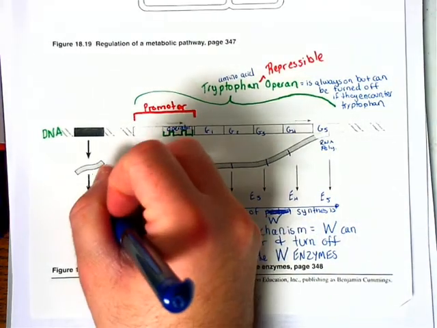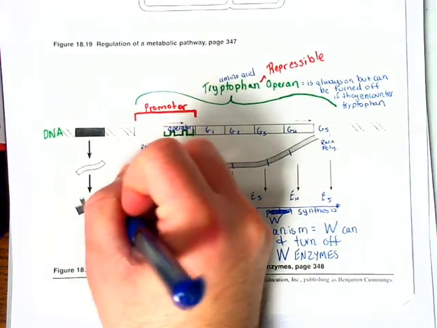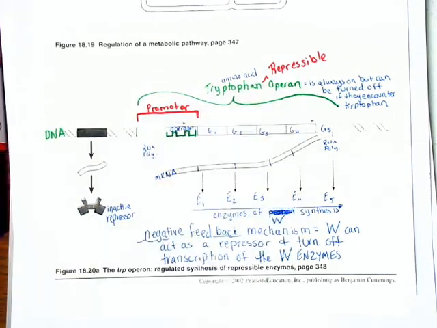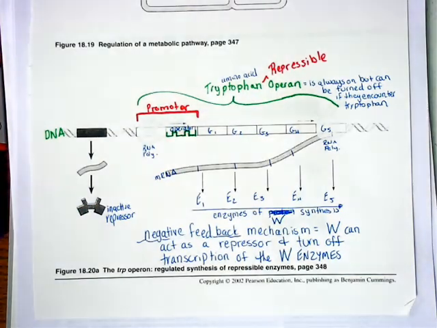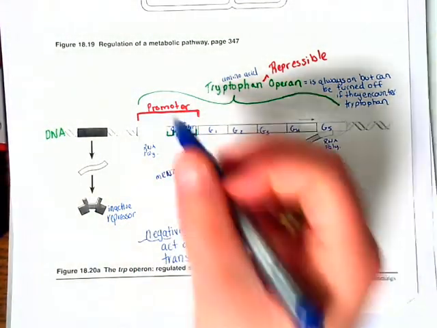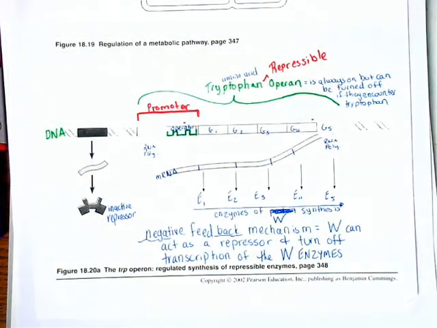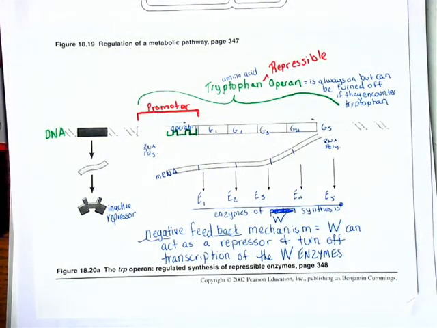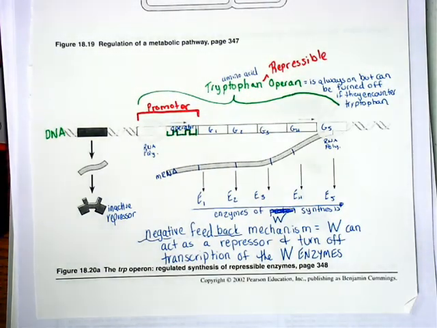So this represents your inactive repressor. Inactive would mean that it doesn't work, right? So this is not going to be able to repress this operon. Sensible? Kind of? Okay. Great.